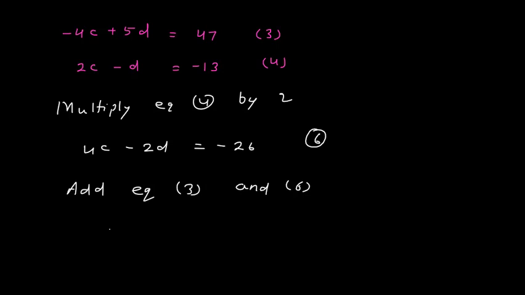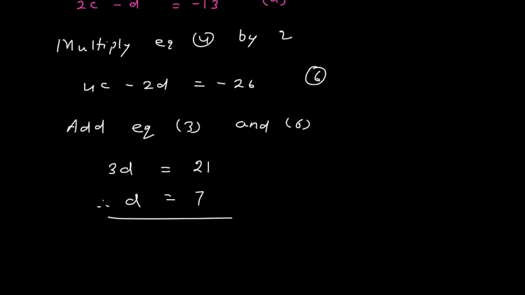Now the value of d is 7. Now put d equal to 7 in equation 4. So 2c - d is equal to -13.